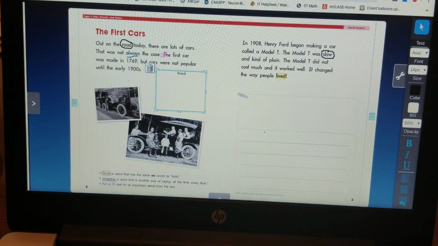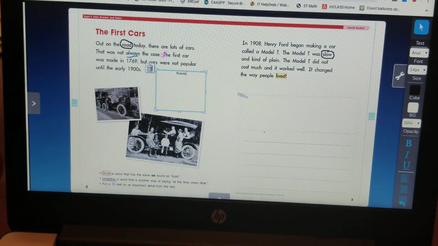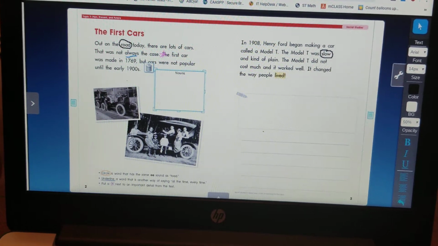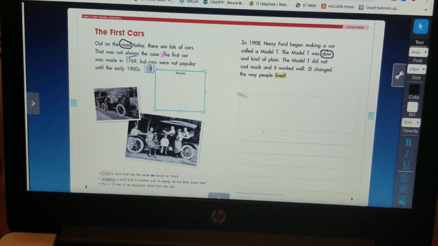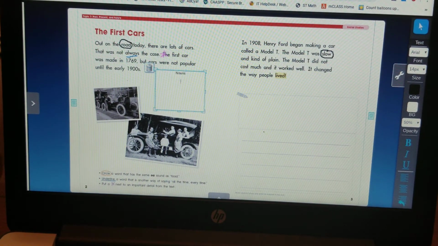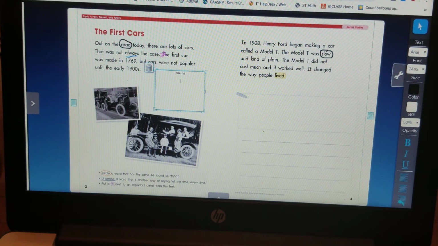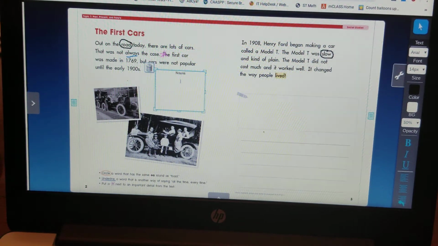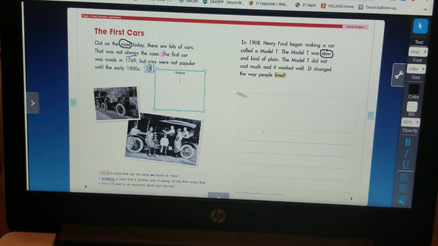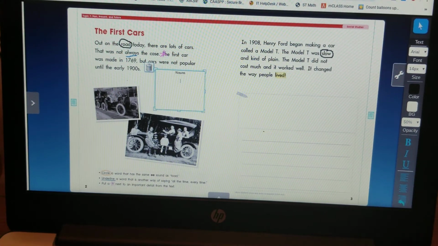nouns. In my brain, I'm hearing people say, I know, a noun is a person, place, or thing. Let's do just person and thing today. So you're right, a noun names a person, a place, or a thing.